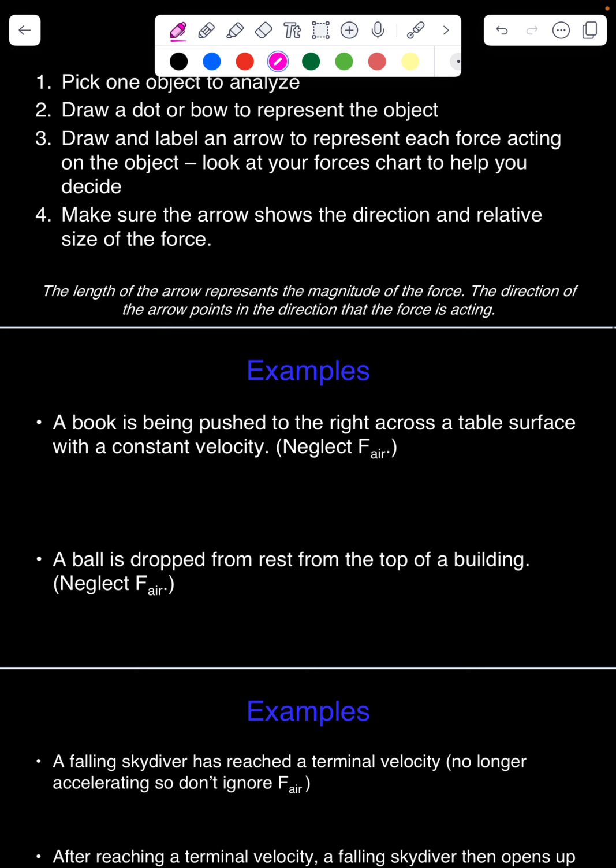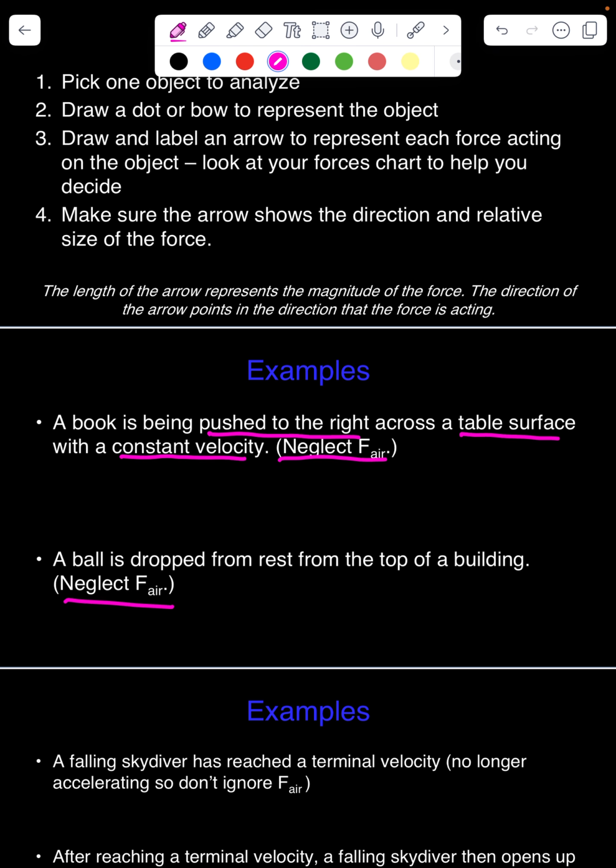All right, so our first example is a book that is being pushed to the right across a table surface that has a constant velocity. And for both of these, I've asked you to neglect air resistance.